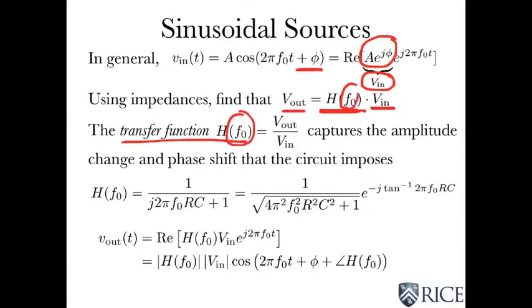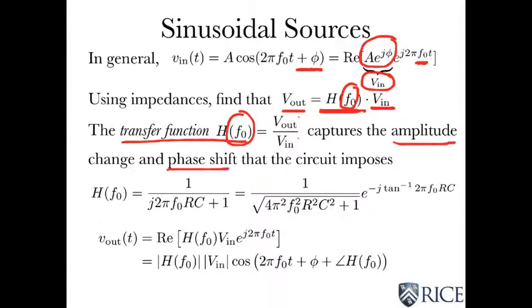So that's why I had to put the frequency of the source, f naught. And I'm just going to define that to be V out over Vn. In general, it's the ratio of the complex amplitude of the output divided by the complex amplitude of the source. The transfer function captures what the circuit does to the amplitude and what it does to the phase.